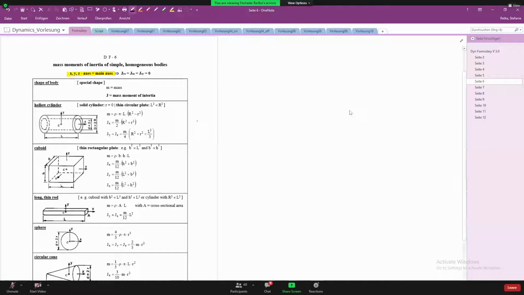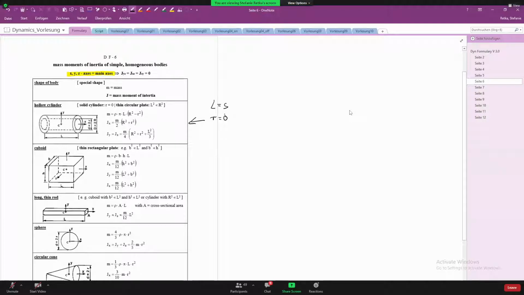and decide which one of these standard objects might be our disk. And the closest object is the first one, the hollow cylinder. In our case, the length of the cylinder here corresponds to the width of our disk. The inner radius doesn't exist in our case because our disk is not hollow.